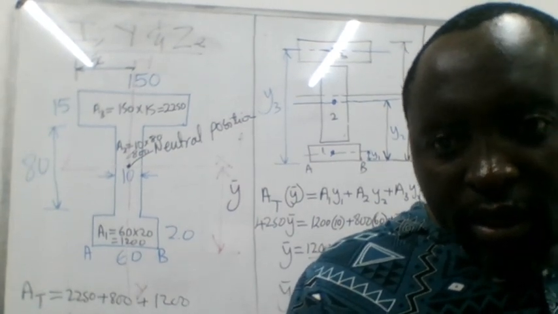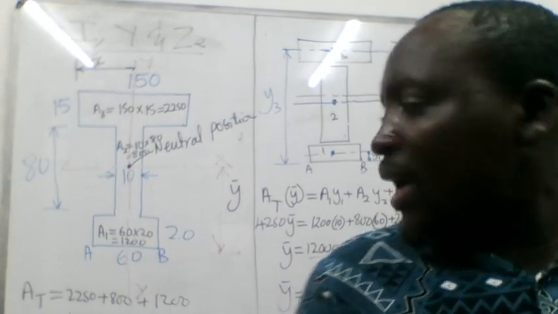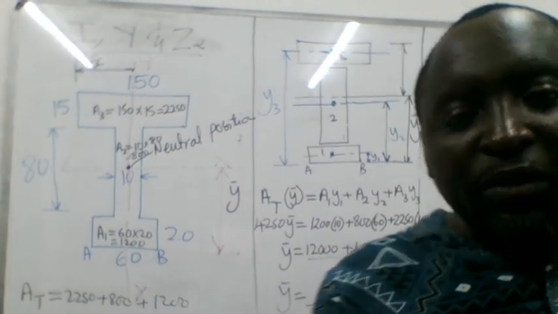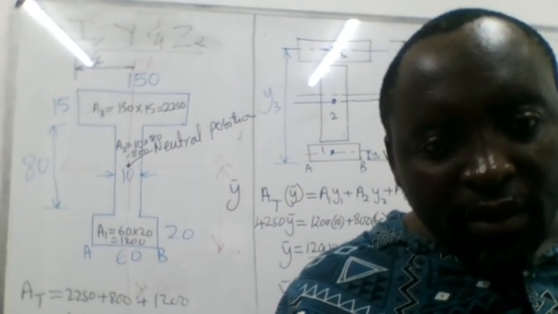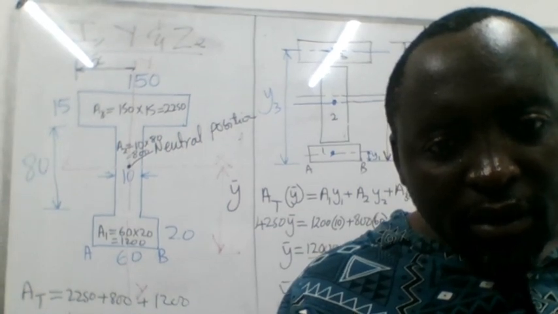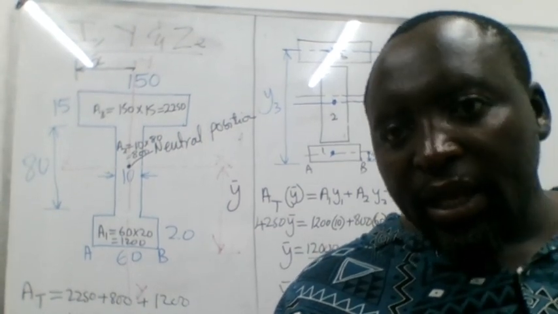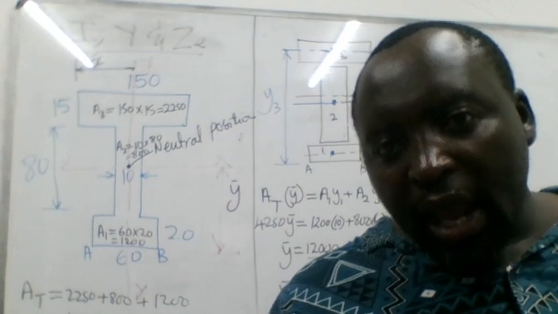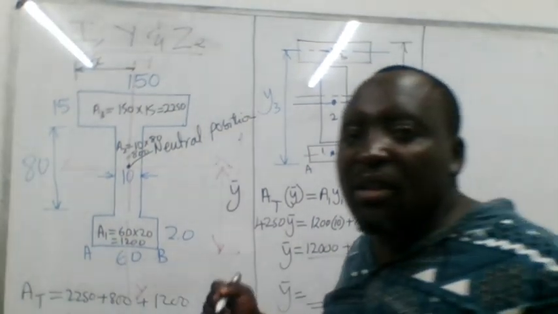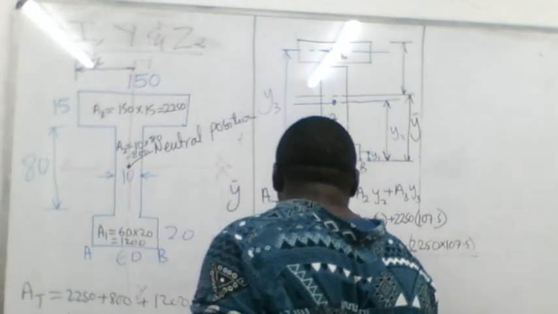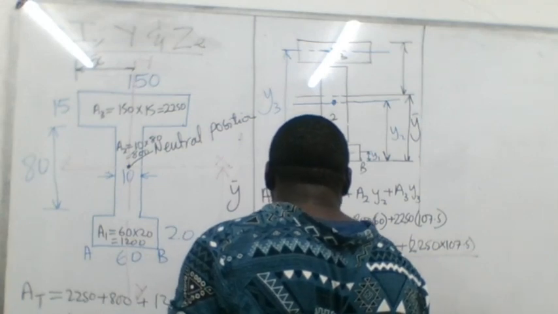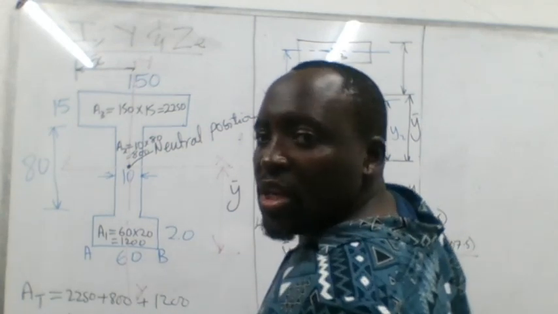Then divide by 4250. Correct. Yes, 71.029, so 71.03.